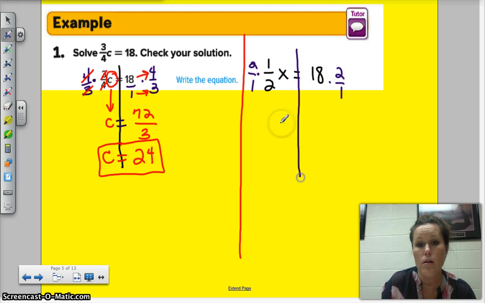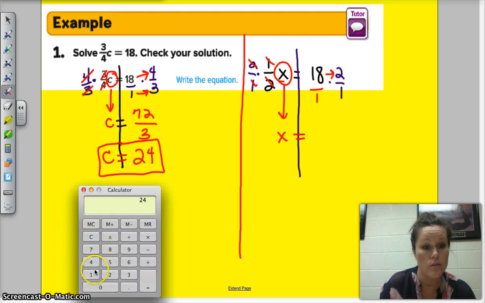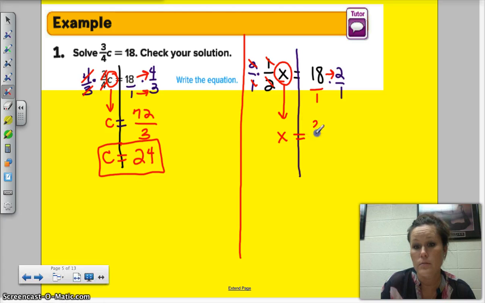Again, draw that line all the way down. Diagonally, my numbers will cancel, and I'm left with just x all by itself. And now I need to do 18/1 times 2. 18 times 2 equals 36. 1 times 1 is 1. Simplify that. x equals 36.